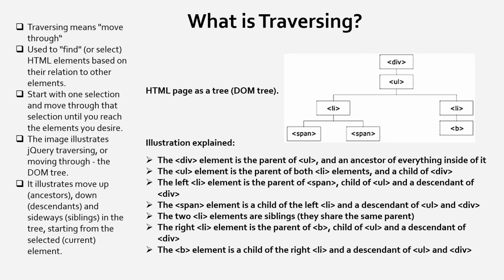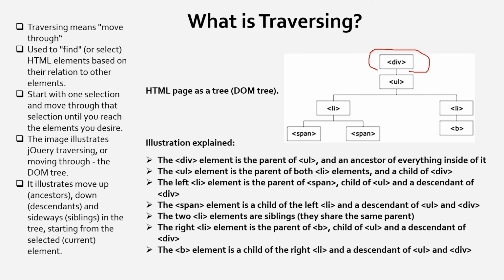To understand this concept, let us consider the document object model tree as shown in this figure. From the figure it is very clear that this div is the parent of all other elements.